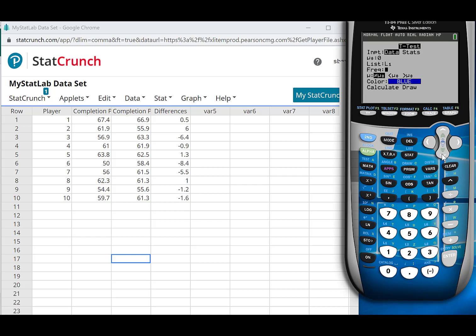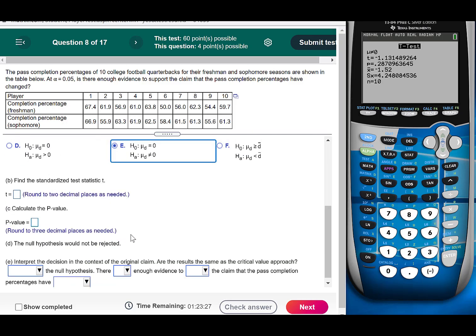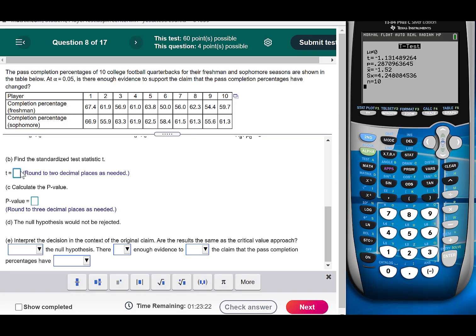I put the data in L1, don't change the frequency, it's always 1, and we're testing not equal to 0, and hit calculate. And here you go, guys. It's exactly what we got when we used the Statcrunch. So we're choosing not equal to 0, and the test statistic, guys, is negative 1.131.